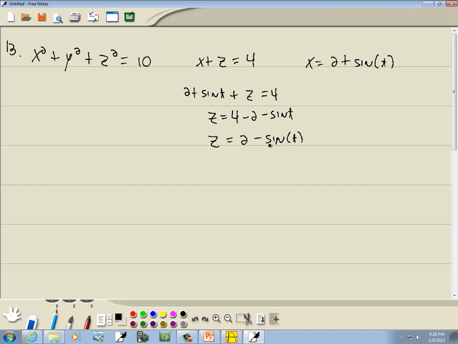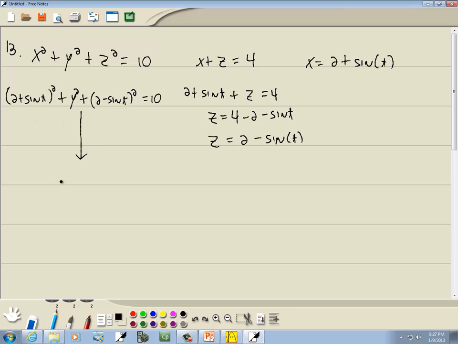Okay, so we've got x and we've got z. So let's find out what y is. I'm going to come over to my x squared plus y squared plus z squared is equal to 10. We said x was 2 plus sine t, so plug that in. Y squared, we don't know. Z was 2 minus sine t, squared, equals 10.